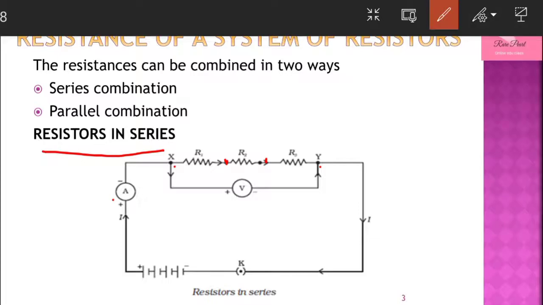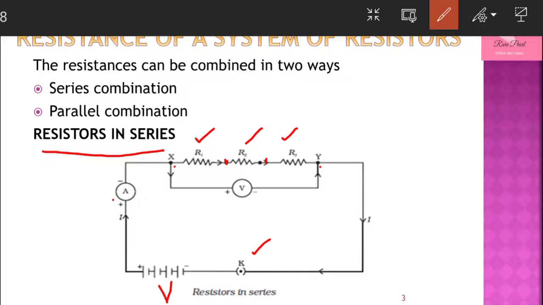You can find the resistors R1, R2, R3. There are three resistors connected in series. And we are connecting them to a voltage source here through a plug key, right? This plug key is in closed condition.